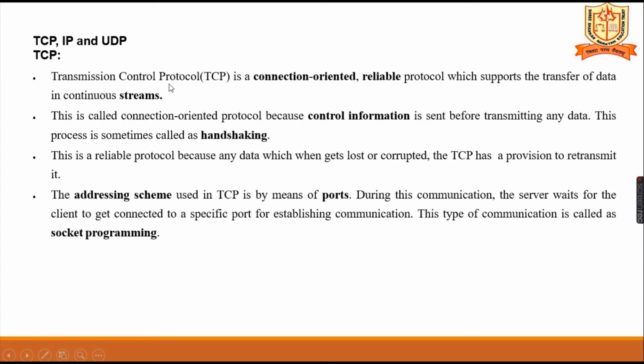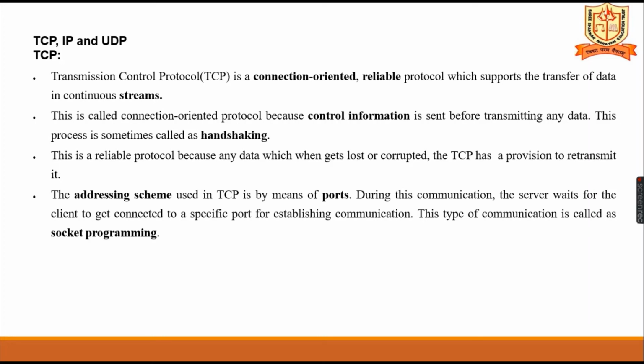TCP means Transmission Control Protocol. It is a connection-oriented, reliable protocol which supports the transfer of data in a continuous stream. I can give the example of a telephone call. If you call someone else, you have to establish a connection between sender and receiver.